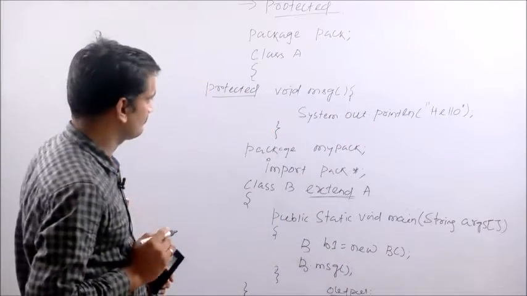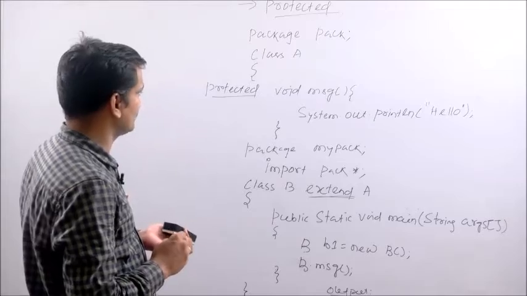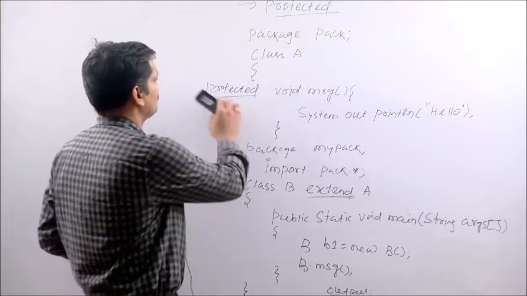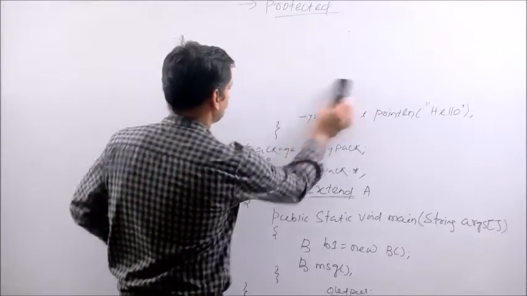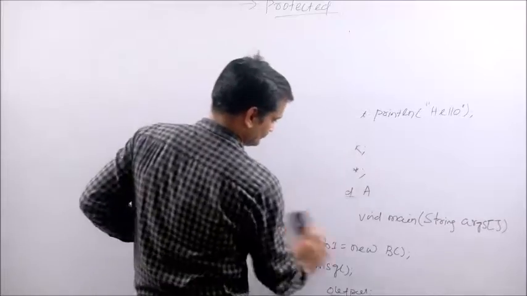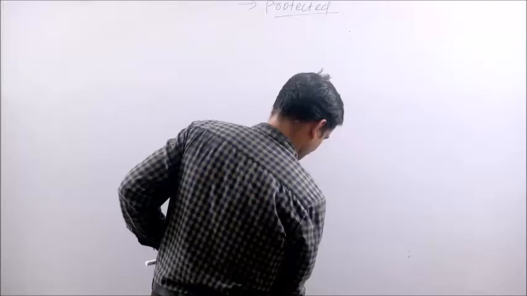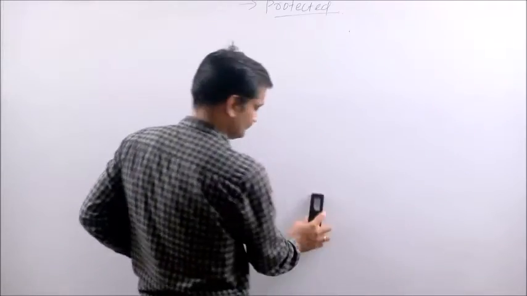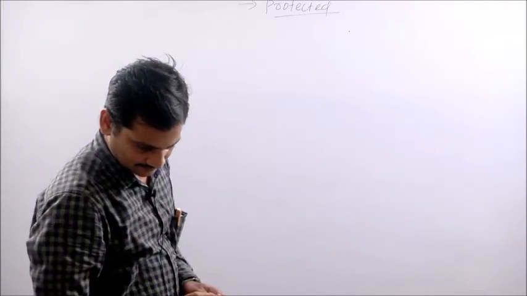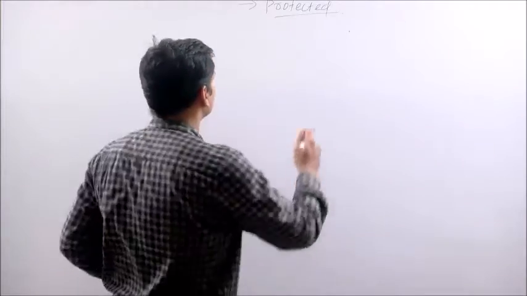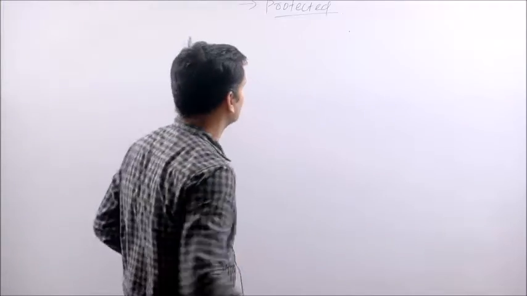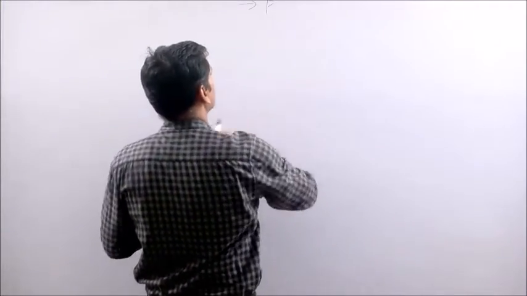Okay. Now, coming to the last one, that is the public access specifier. The last access specifier we will discuss is the public access specifier.